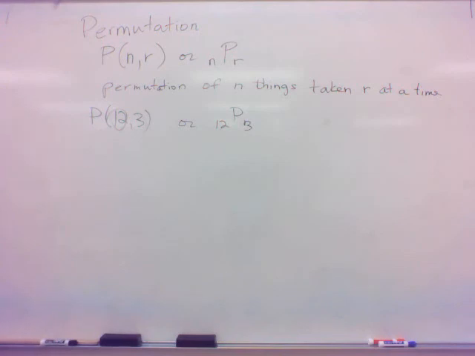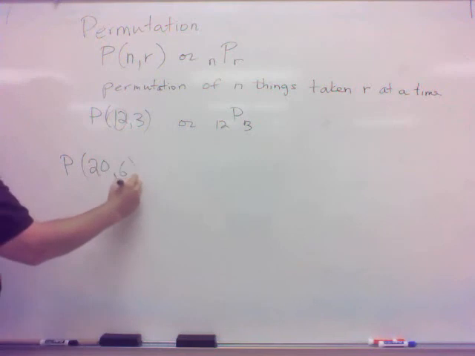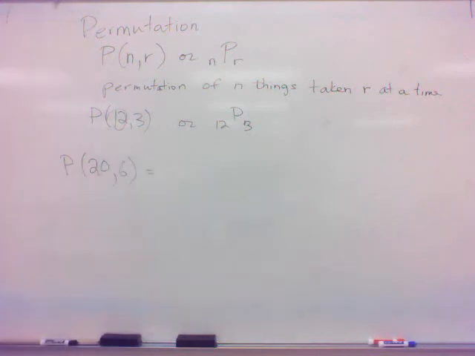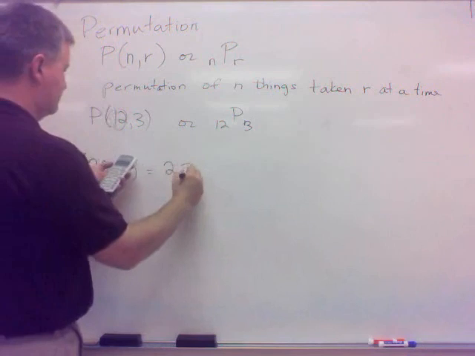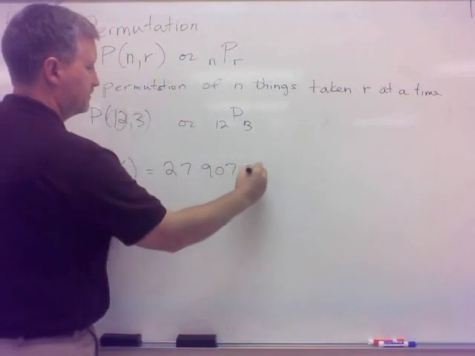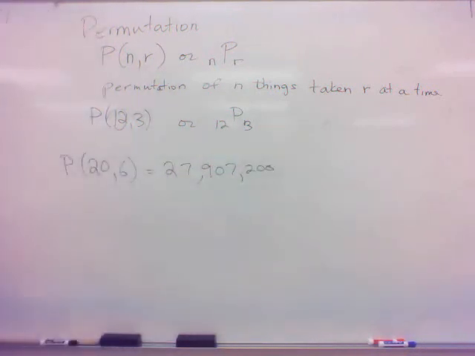All right. So let's see if we've got the notation here. 20P6. First of all, enter it on your calculator. See what you get there. 20, then hit the nPr button, and then 6. What do you get? Big number? 27,907,200.